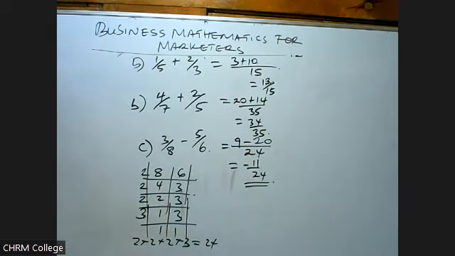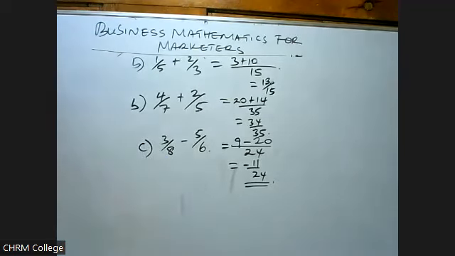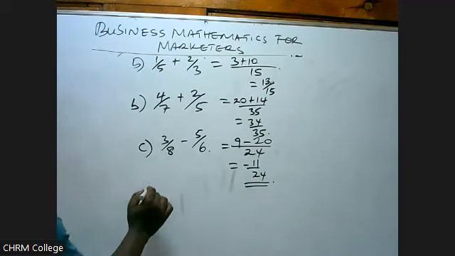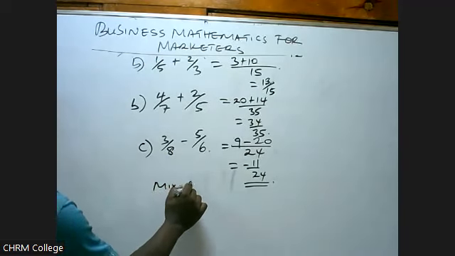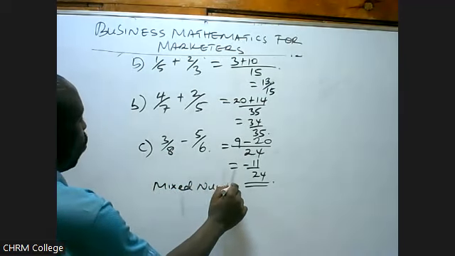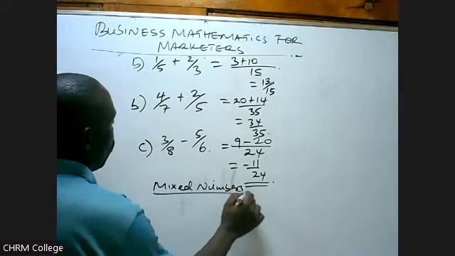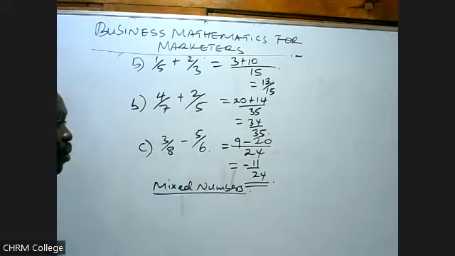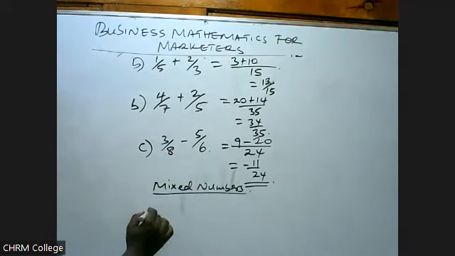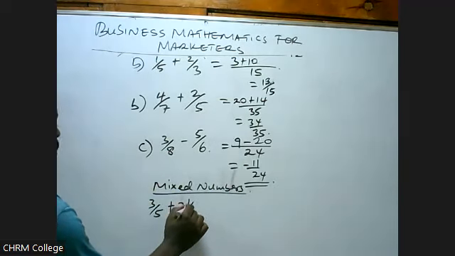In some cases, you can be told to add a mixed number to another mixed number, or a mixed number to a fraction. When you are dealing with mixed numbers, you must convert them into an improper fraction. For example, when you are told to do 3 over 5 plus 2 and 1 over 2.